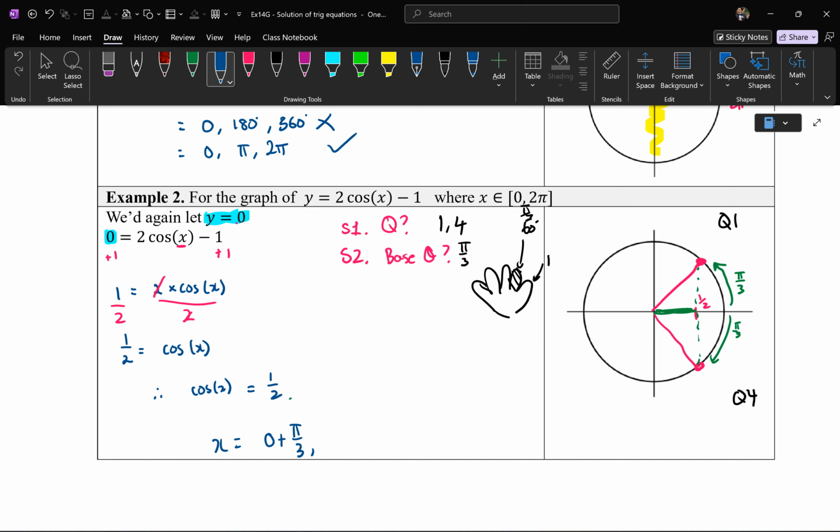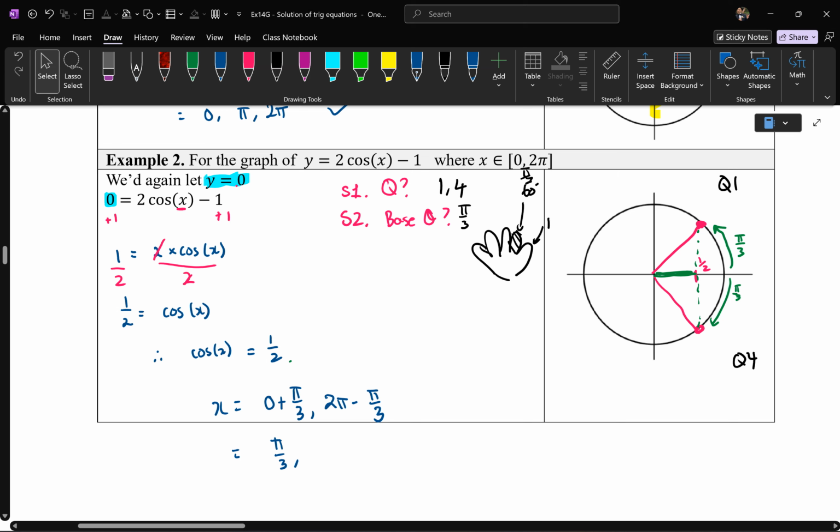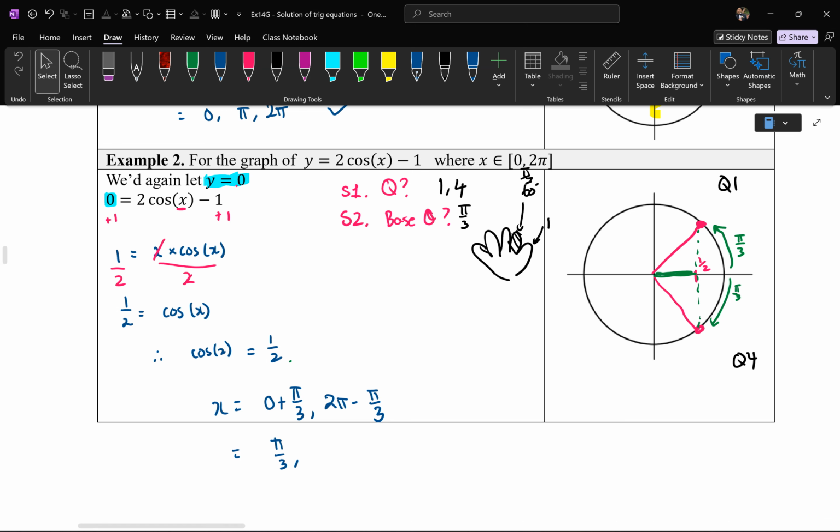So the next bit must be 2 pi minus pi on 3. Let's work it out. This one is pi on 3. The other one, 2 pi minus pi on 3. So what's that? Working on fractions, 2 wholes take away 1/3. What do you get? 5 pi on 3.